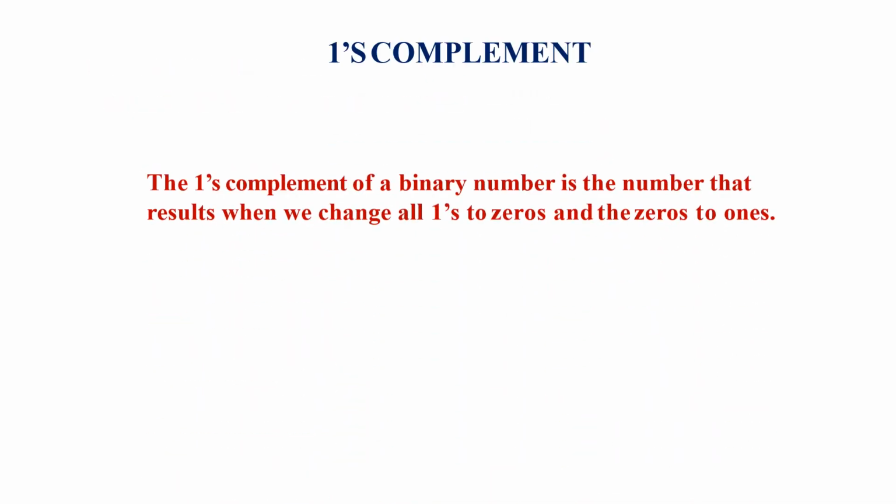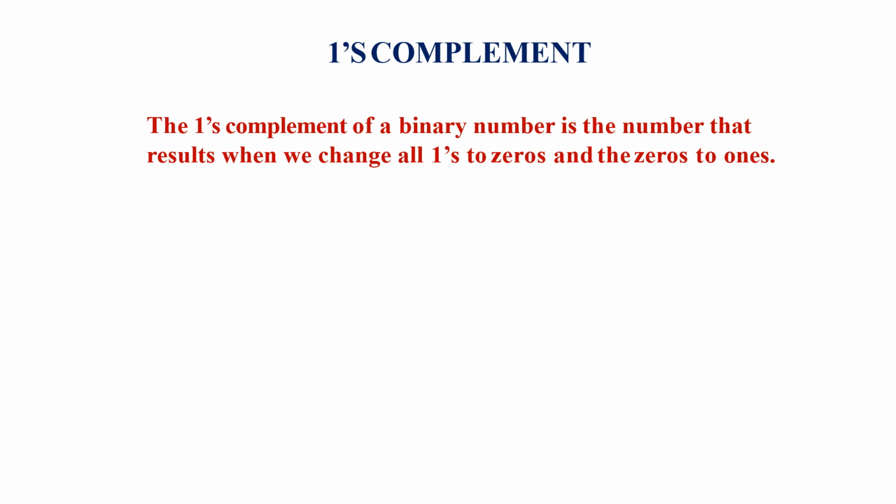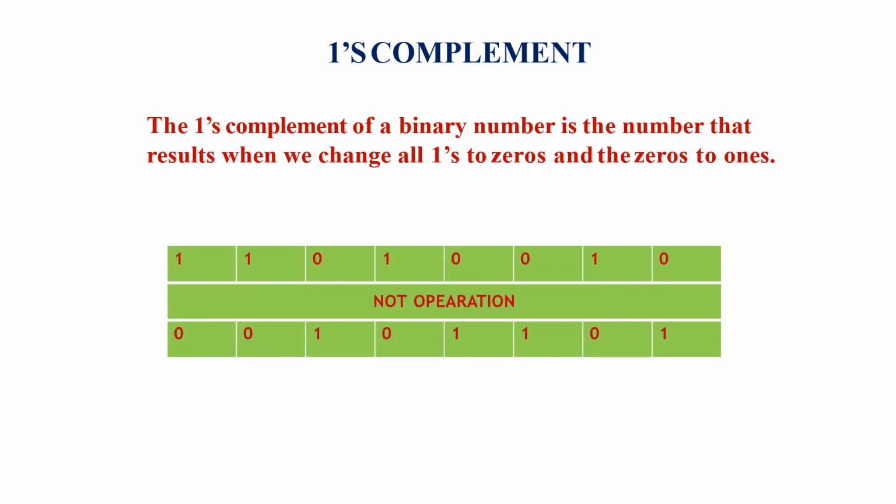Now the next one is ones complement. The ones complement of any binary number is the number that results when we change all ones to zeros and zeros to ones. That's nothing but ones complement, which performs the NOT operation, the inverter operation.